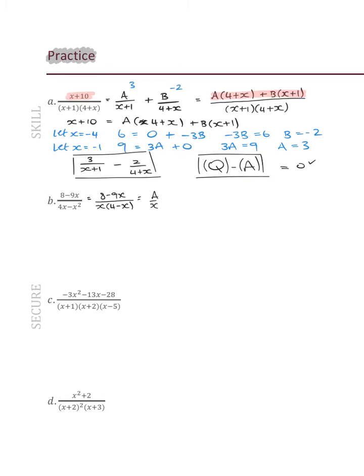So A over x plus B over 4 minus x equals A 4 minus x plus bx all over, and therefore I can take this bit and this bit like so.